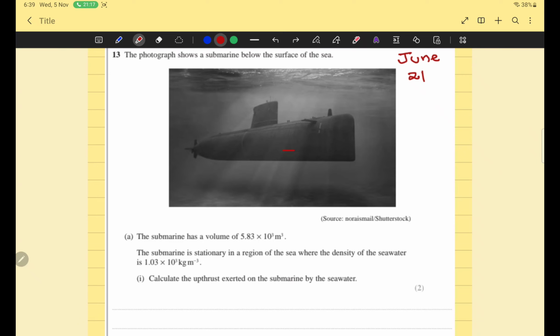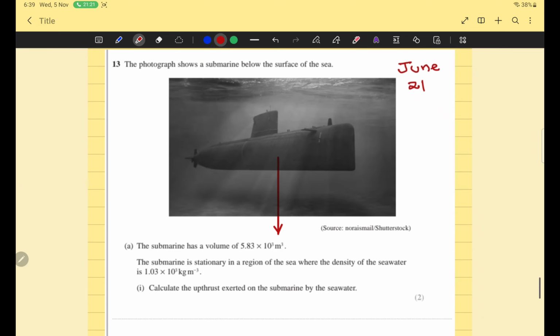If the submarine is stationary, it means downward force equals upward force. Abdullah beta, weight always acts downward, upthrust always acts upward.